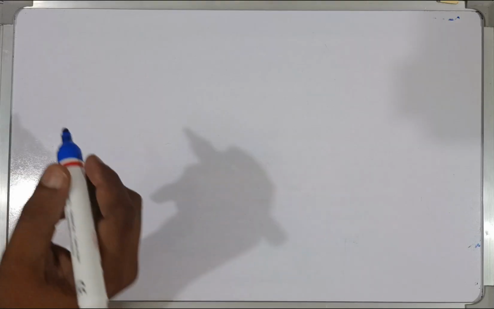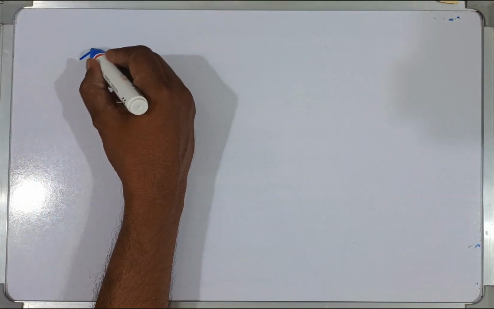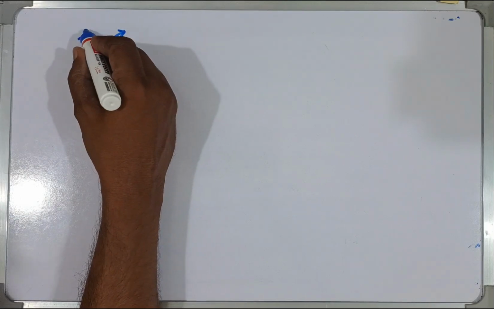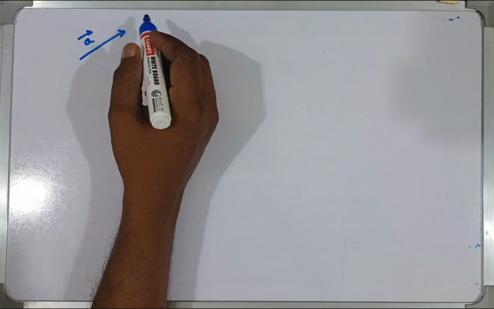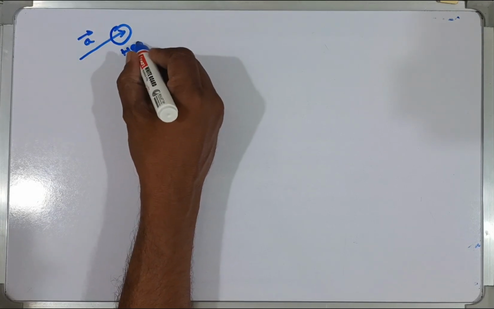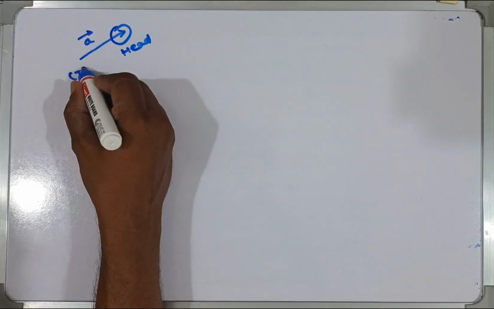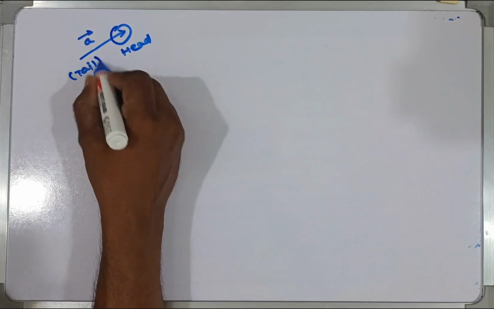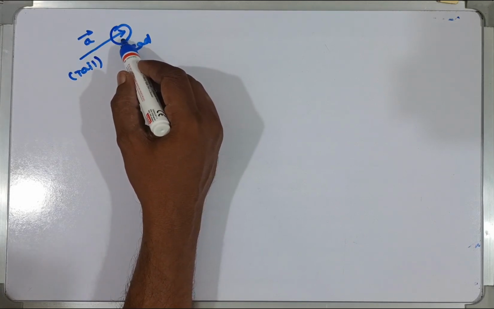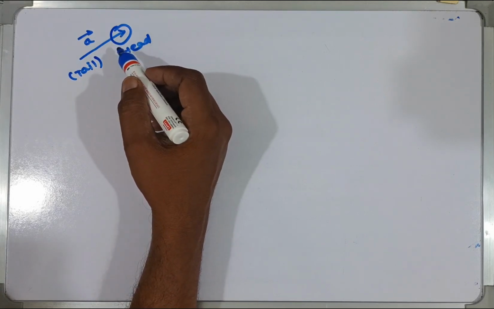See guys, if A is a vector, then this one is known as the head and this one is known as the tail, or the arrowhead decides the direction.